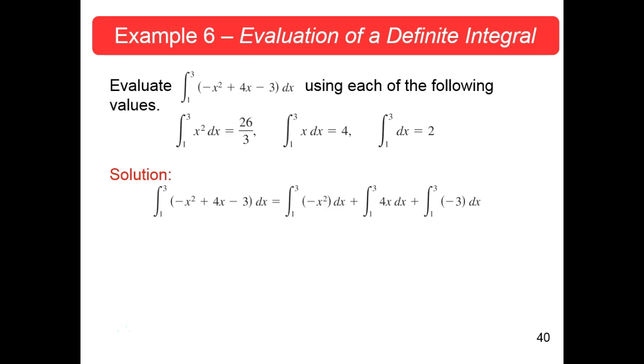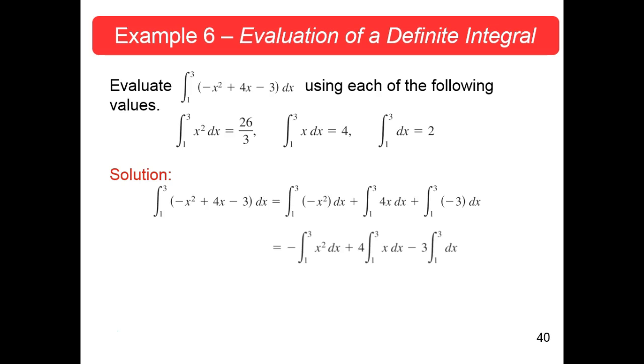Then pulling out the constants, a negative here, a 4 there, and a negative 3 there, they got minus the integral from 1 to 3 of x squared, which we know, plus 4 times the integral from 1 to 3 of x dx, which we know, minus 3 times the integral from 1 to 3 of dx, which we also know.